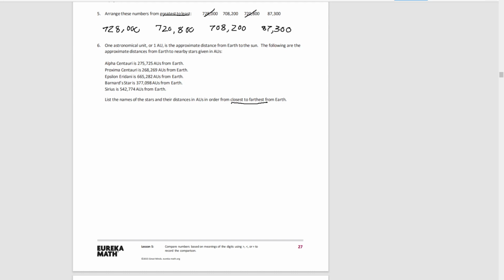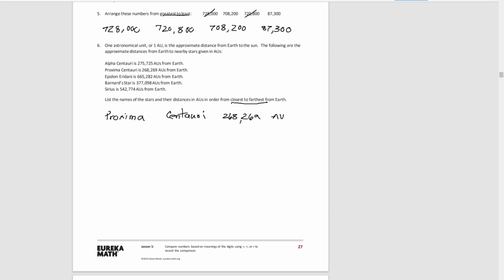Okay, so the closest star is going to be Proxima Centauri at 268,269 AUs.